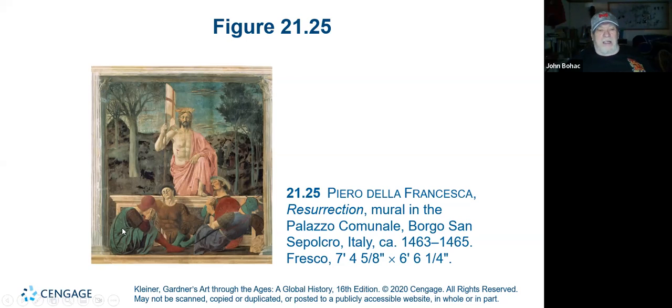I tend to think that this is created this way so that people looking at this would understand they were soldiers. And so they gave them what is, in a sense, 15th century uniforms.